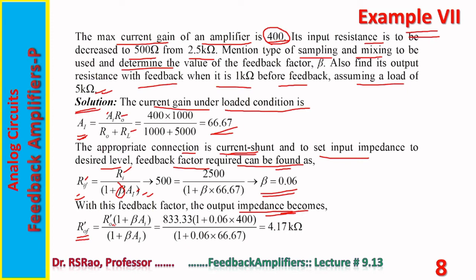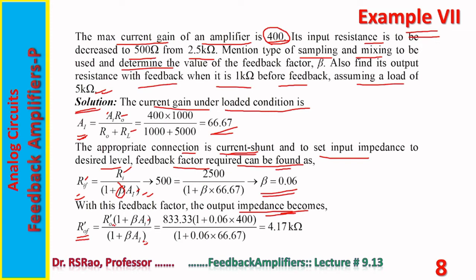Prime indicates load is connected, amplifier is loaded. 1 plus beta AI, small i means unloaded current gain, by 1 plus beta AI, capital I means current gain of the amplifier when loaded.